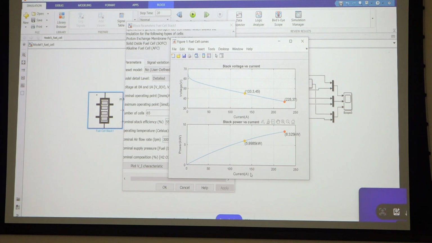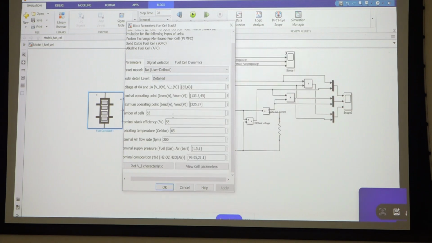If you combine these two, this is the intersection point, called the nominal operating point. You can define what the value would be at 1 ampere, and in the same way the remaining stack parameters, like the nominal current and the nominal voltage.